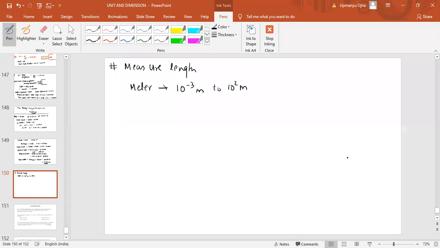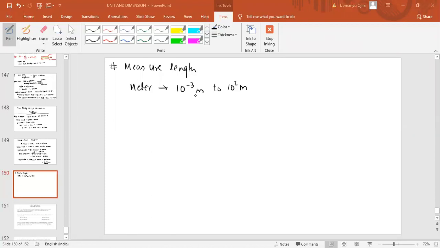So that would be measuring the range up to 10 to power minus 3. 10 to power minus 3 meter means 1 millimeter. So you can take a centimeter scale. What is the minimum measurement of centimeter scale? That is 1 millimeter. So the centimeter scale can measure the value from 10 to power minus 3 meters to 10 to power 2 meters.